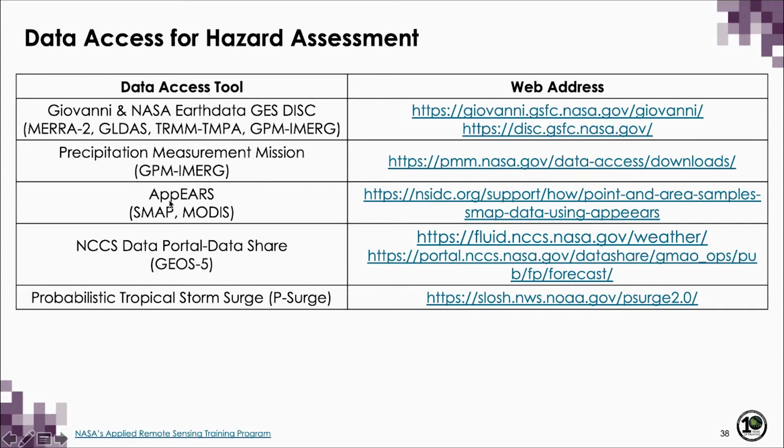A tool called AppEEARS can be used to get SMAP and MODIS data and GEOS 5 forecast data. Near real-time and forecast data can be obtained from this NCCS data portal. Finally, the SLOSH model that we talked about, which provides storm surge, is available from the Probabilistic Tropical Storm Surge, or P-Surge, tool. Here are all the links, and again, we will review some of these tools and demonstrate some next week.